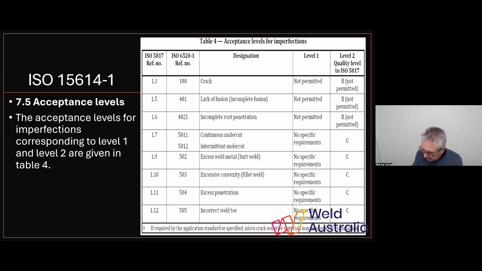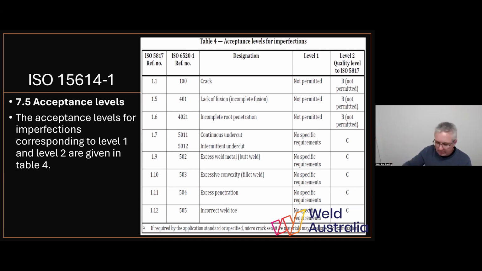But then our acceptance levels here, what we've got in this table in particular is it references 5817. So 5817 is a discontinuity table. It's a bit like in 4037, where you've got your category 1, 2, and 3. Well, 5817 is a very similar sort of scenario where we have a list of imperfections and we've got our weld categories.